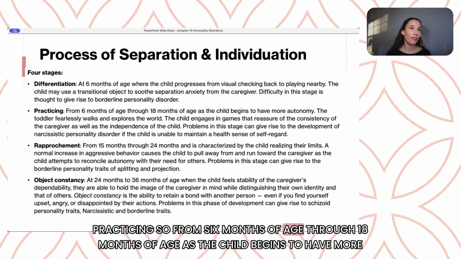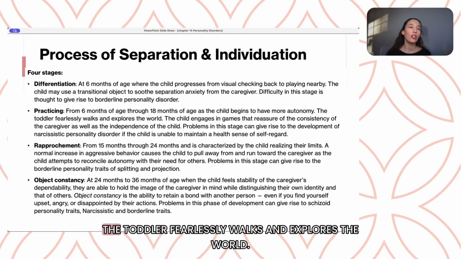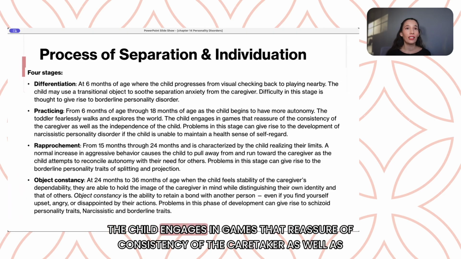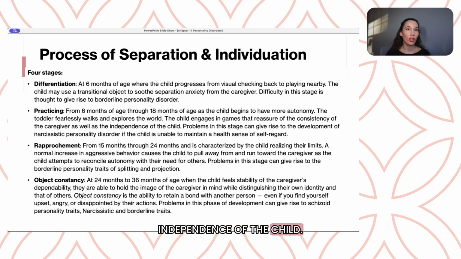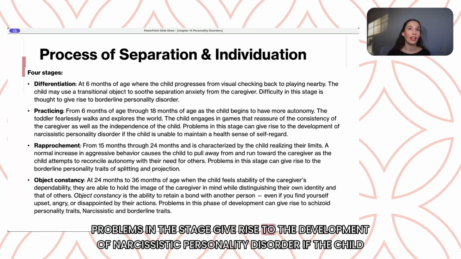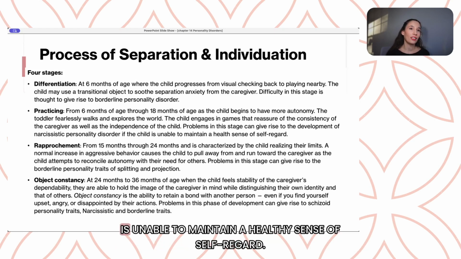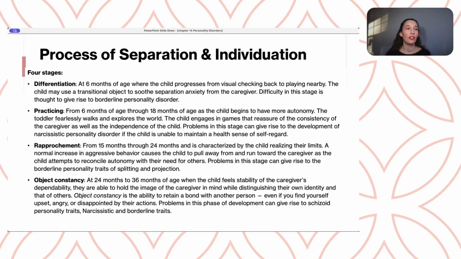Practicing, from 6 months of age through 18 months of age, as the child begins to have more autonomy, the toddler fearlessly walks and explores the world. The child engages in games that reassure of consistency of the caretaker as well as independence of the child. Problems in this stage give rise to the development of narcissistic personality disorder if the child is unable to maintain a healthy sense of self-regard.